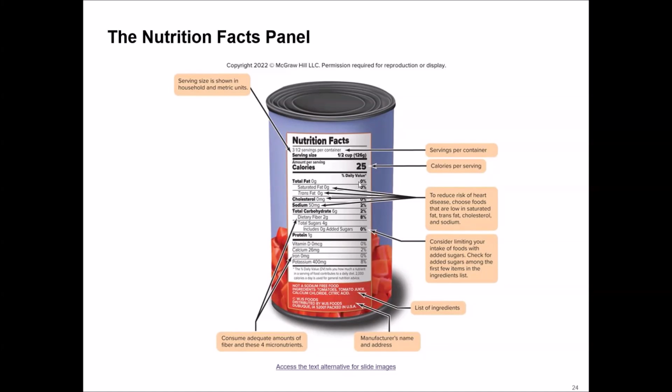It doesn't give that out for you here, but you would have to multiply 25 calories times 3.5 servings, and that's like 87.5 calories if you consume the entire can. So just be aware that this calorie number is the number of calories per serving, and that serving size is a half a cup.